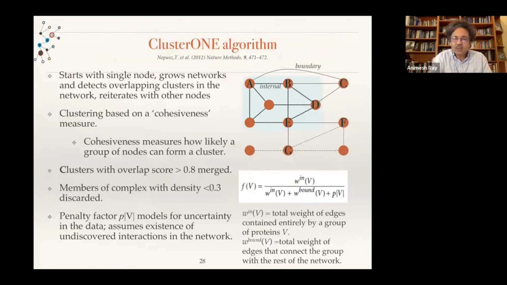And what we did was start with single nodes, grow networks around them, networks meaning interaction networks, and find overlapping clusters by a function known as cohesiveness function, which is basically the ratio of the weights of within class edges times the number of vertices, that is the nodes that are within that class, divided by the total number of such edges.